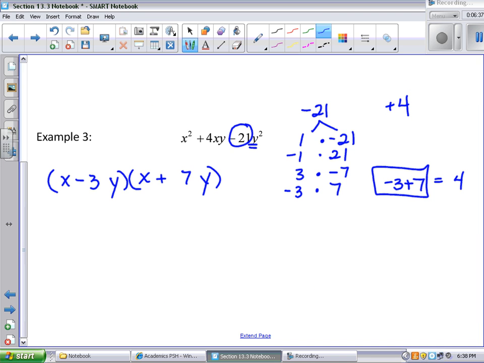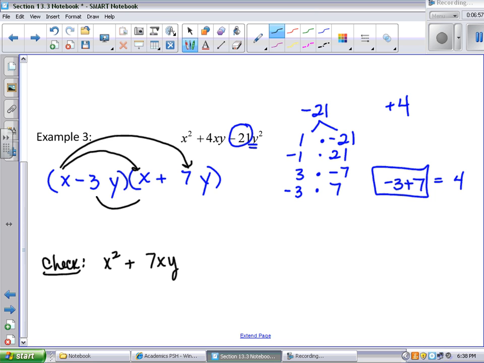And on this one, I am going to multiply it out because I want to check to make sure that I do have the right numbers in the right places. X times x is x squared. X times 7y is 7xy. Negative 3y times x is minus 3xy.